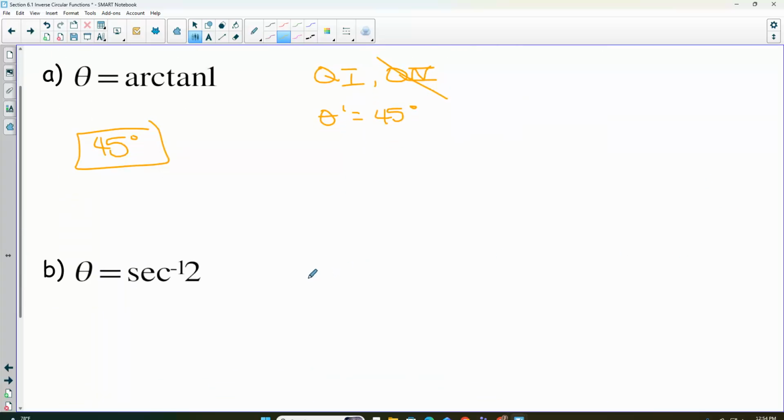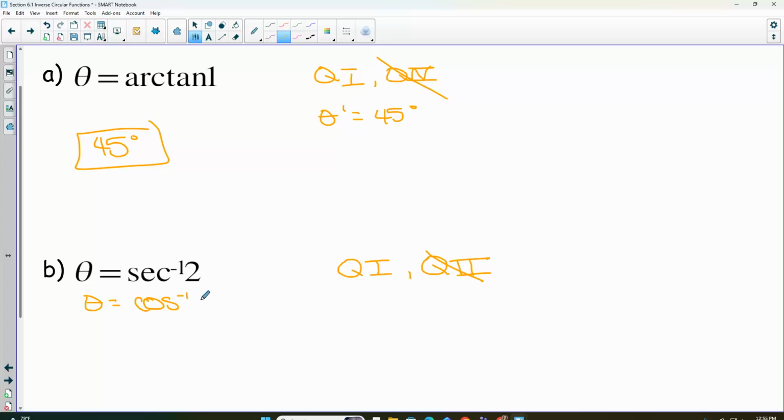Okay, B. Theta equals secant inverse of 2. Secant is the reciprocal of cosine, so it exists in the same places as cosine, 1 and 2. If it's positive, which of those quadrants are we in? If you don't like thinking about secant, you could think about the reciprocal of cosine.